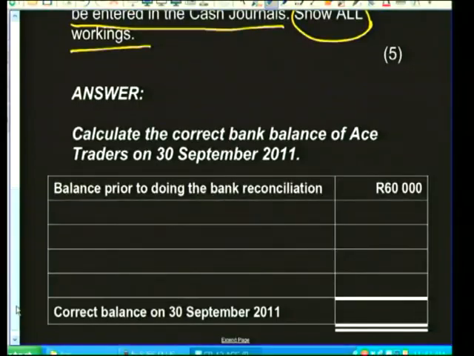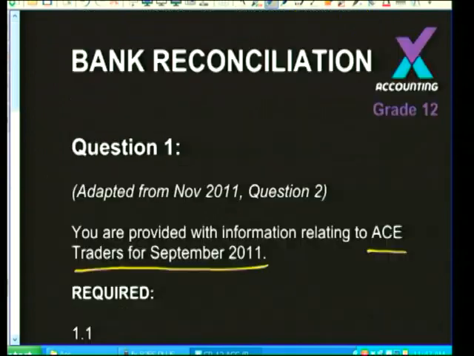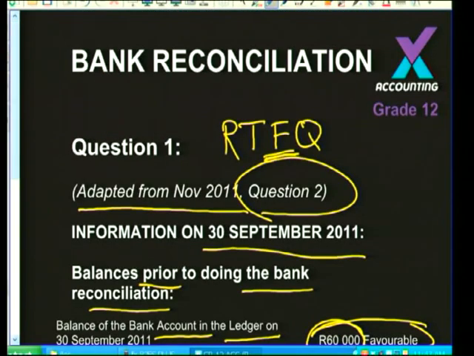Okay, so let's get into this question and see what is expected of us. We are expected to start off with the balance prior to the recon, which was 60,000. Remember, that is given to you. Okay, now let's look at the information that we have here.